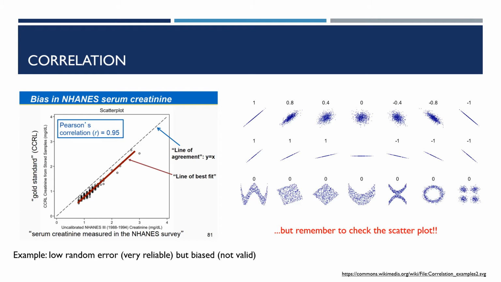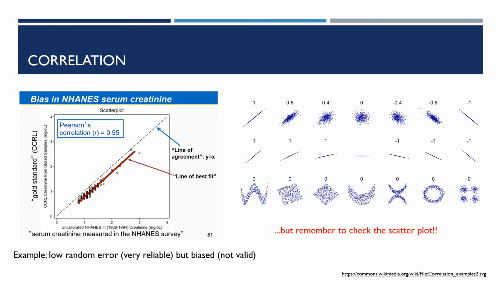But in this case, the Pearson correlation is sensitive to reliability but not validity. In the figure on the right, we can see that with the same value of correlation coefficient, we will see different patterns of relationship between the two measurements.